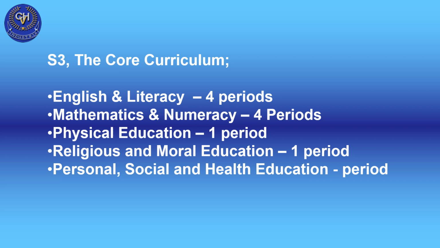They have 1 period of PE, 1 period of RME, and 1 period of PSHE. That's where very much of their health and wellbeing development takes place across those 3 subjects. So all of our pupils will be able to develop their skills in literacy, numeracy, and health and wellbeing through their core curriculum.